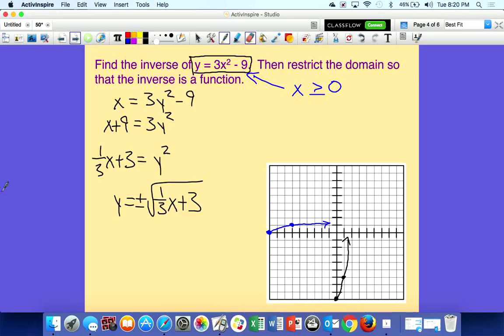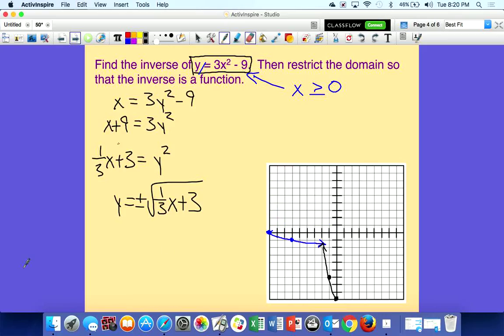The other thing that you could do is, let me redraw this quick. So there I'm back to the original. If I got rid of this part, I would also get rid of that part.